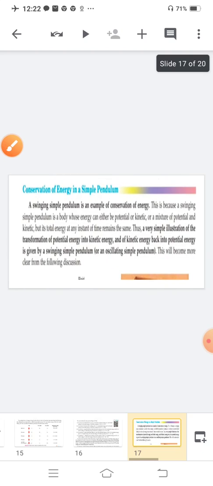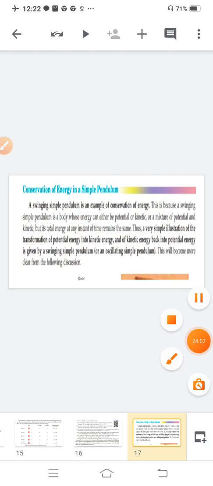Clear? Now, conservation of energy in a simple pendulum. A swinging simple pendulum is an example of conservation of energy. This is because a swinging simple pendulum is a body whose energy can either be potential or kinetic, or a mixture of potential and kinetic energy, but the total energy will remain the same.